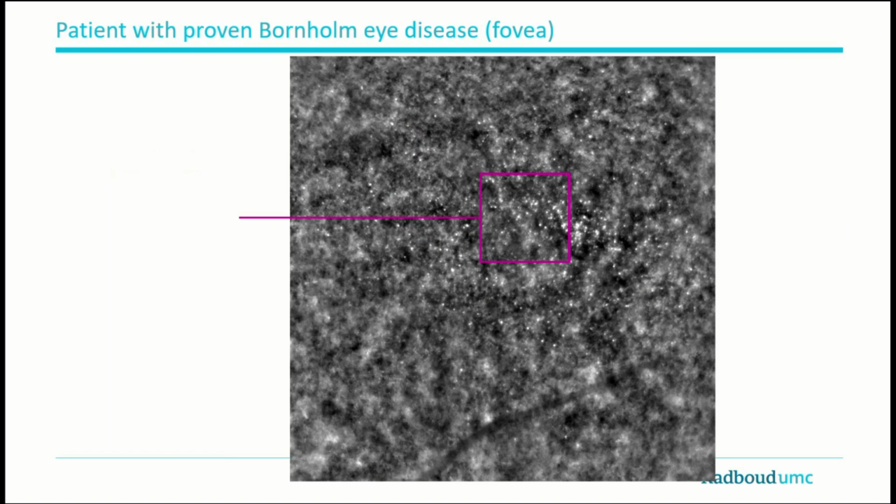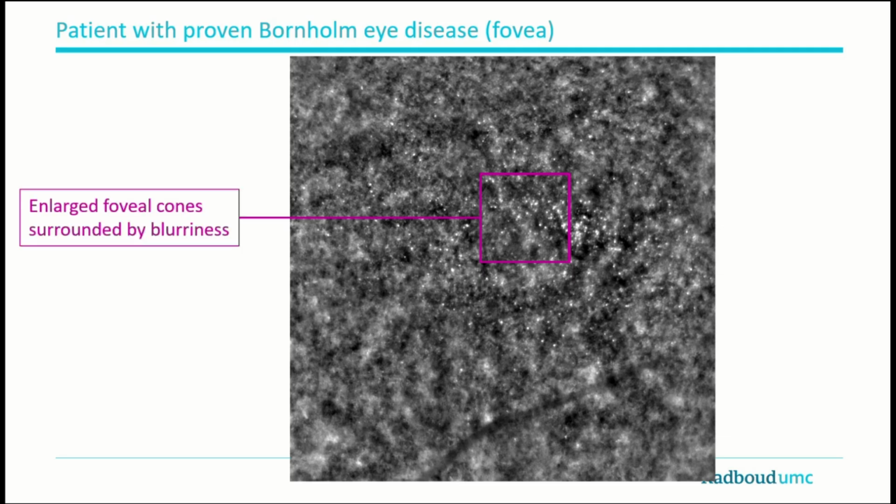If we look at a case with Bornholm eye disease, you see in the fovea, so this is where in the normal participant it's all blurry, this is actually visible in the same area in a Bornholm eye disease patient. So you see all these small white dots, and these probably represent enlarged foveal cones, and they are surrounded by blurriness.